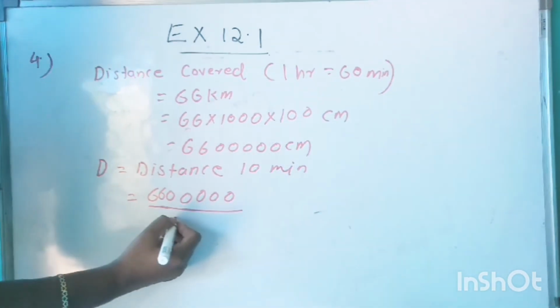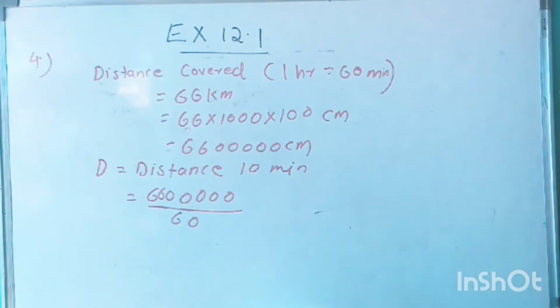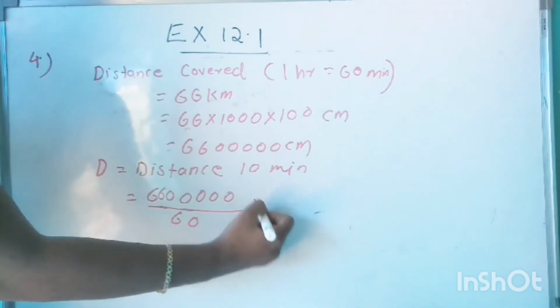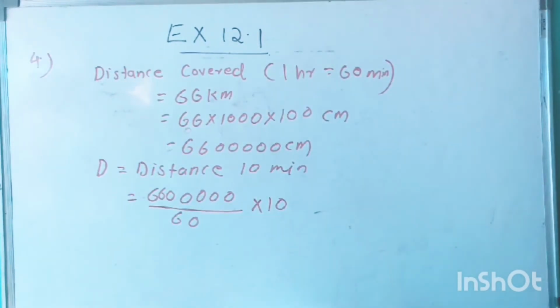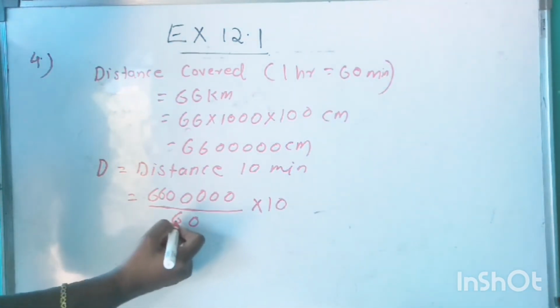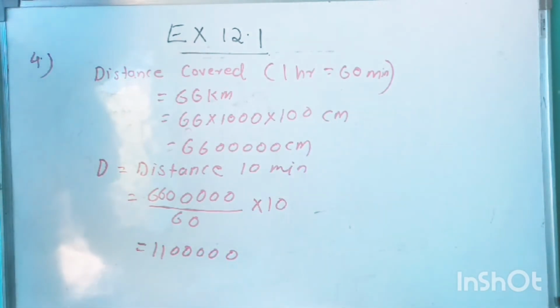Then in 1 minute it travels 66 and 5 zeros divided by 60. This is the distance traveled in 1 minute, into 10. Then this is the distance traveled in 10 minutes. This is equal to 1 and again 5 zeros. Okay.